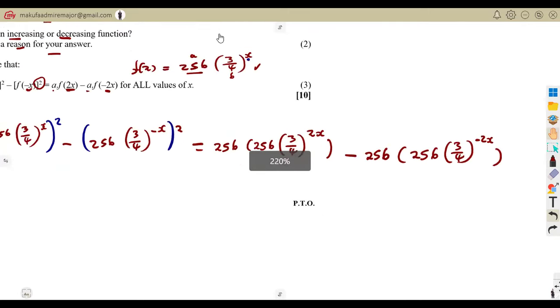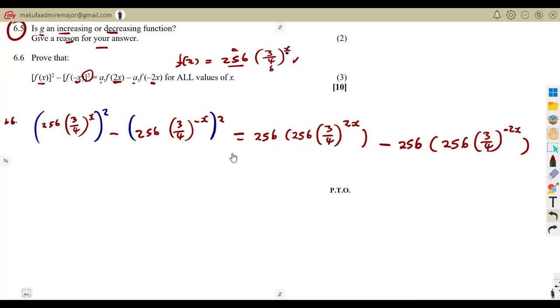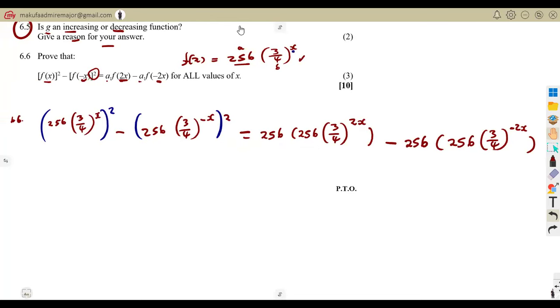So they are saying we are supposed to prove that these two are equal. If we simplify the left-hand side and we also simplify the right-hand side, we must have the same answer. All right, let's see. There is a square here, so the 256 is going to be raised to the exponent of 2.